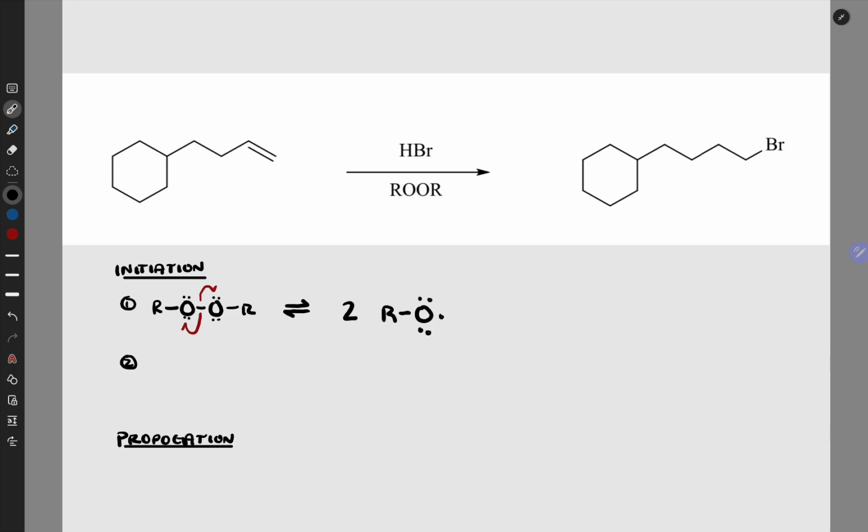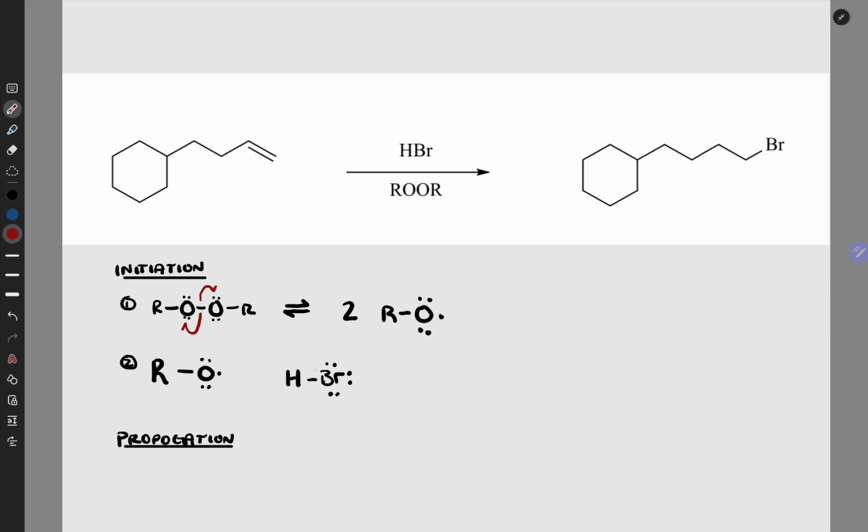All right, hopefully that makes sense. So we take one of those ROs in our second step of initiation. It's a radical, by the way. This RO radical, add it to hydrogen bromide. Oop, I just erased that.